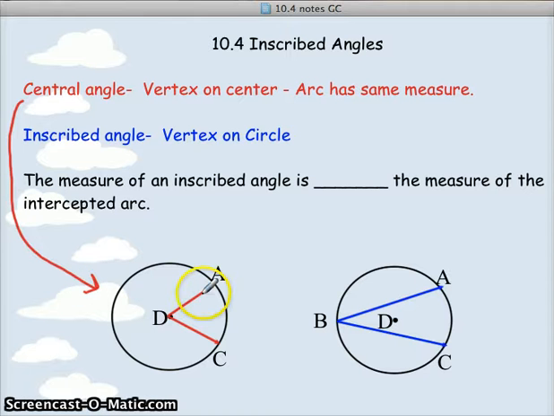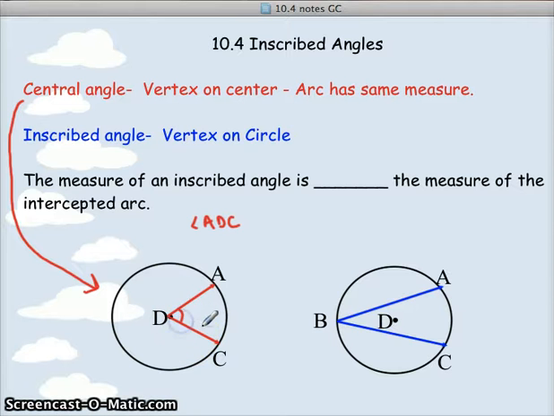This is an example of a central angle, angle ADC, because the vertex of the angle is right on the center of the circle. See how that middle letter D, that's the center of the circle. So that's a central angle.